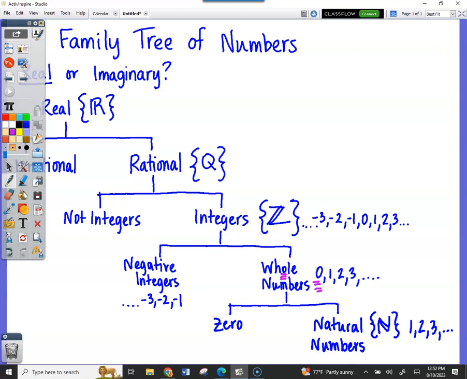Whole numbers start at 0 and count. And then natural numbers, I think of what is the natural way to start counting. You start with 1. So make a note to yourself, natural way to count. And that'll help you remember that the natural numbers start at 1, but the whole numbers start at 0.